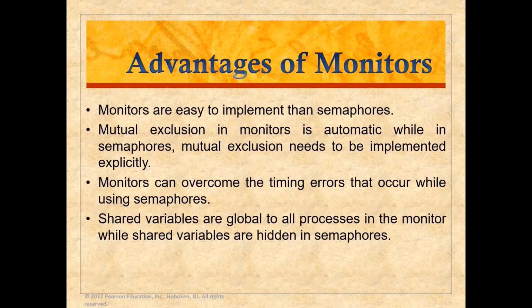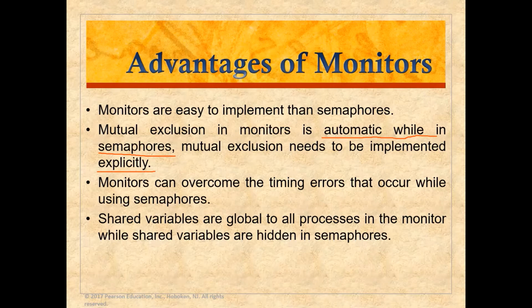Monitor is easier to implement because we have it in one place. Mutual exclusion in a monitor is automatic because everything is controlled by the monitor procedure, while using semaphore you need to do it manually.